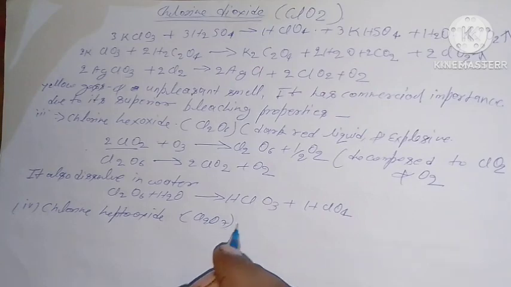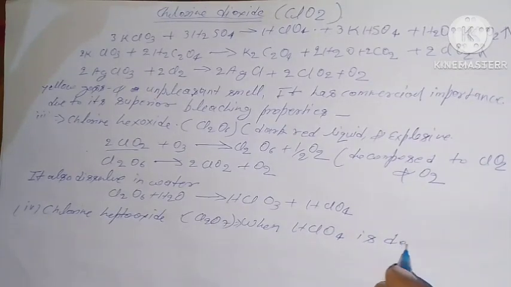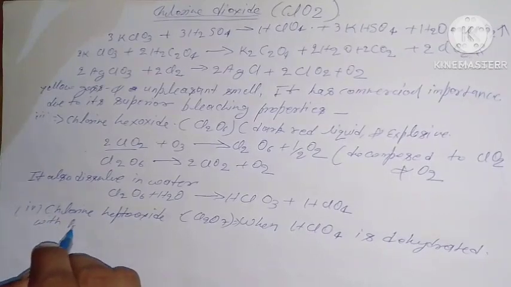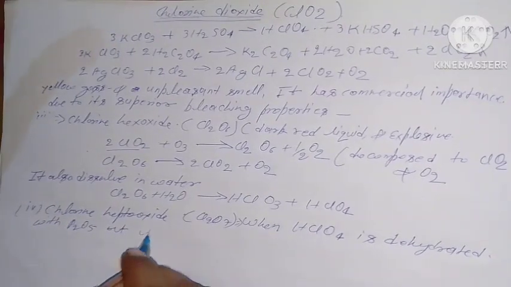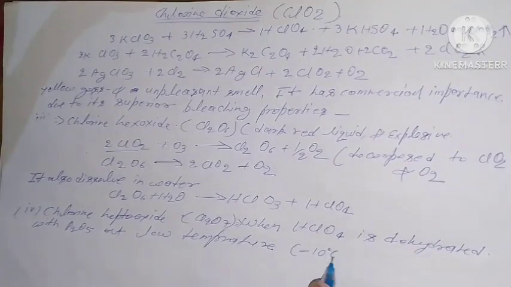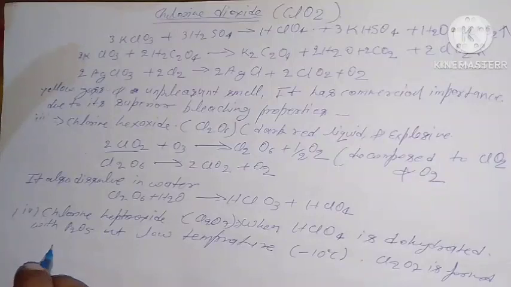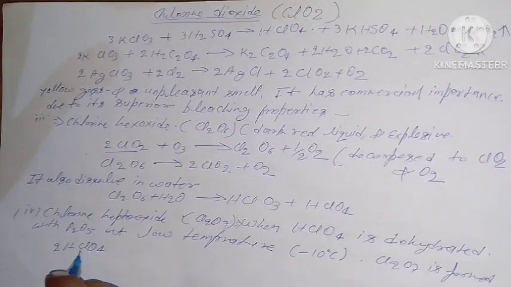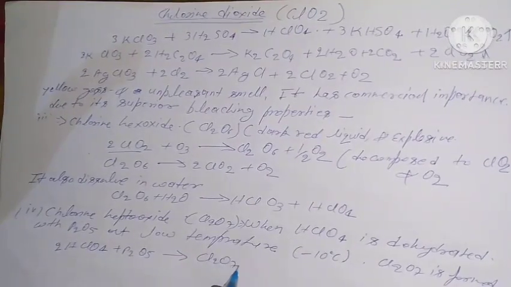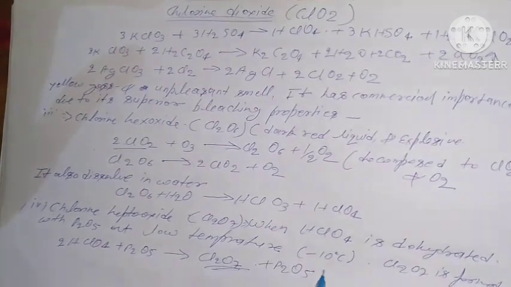When HClO4 is dehydrated with P2O5 at low temperature, approximately minus 10 degrees Celsius, Cl2O7 is formed. 2HClO4 plus P2O5 gives Cl2O7 plus 2HPO3.